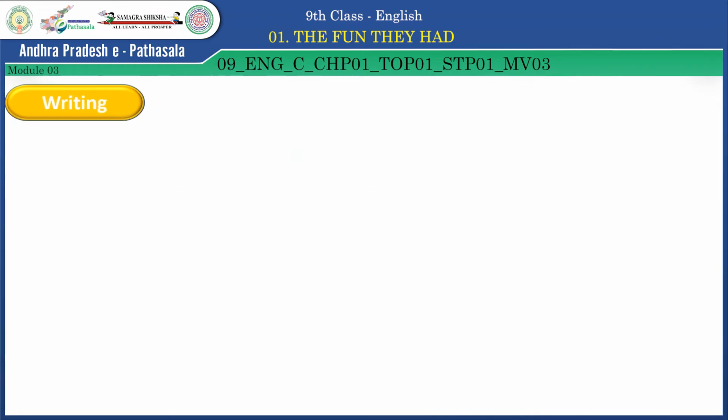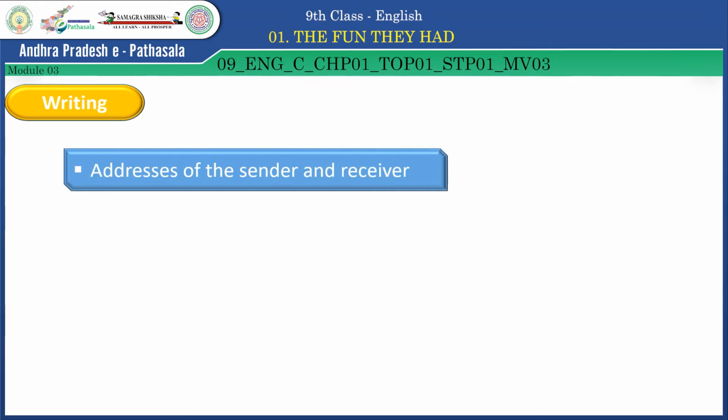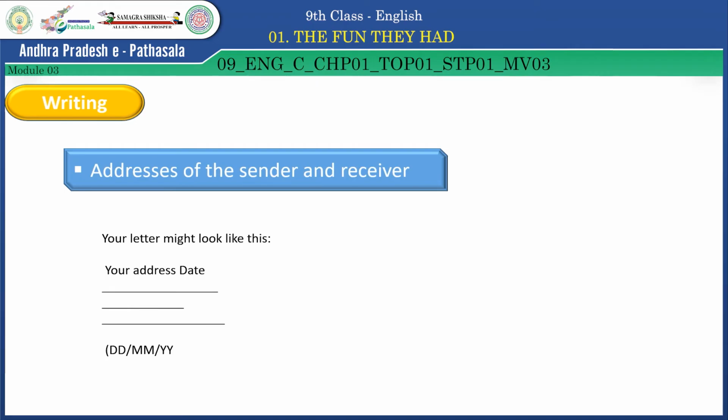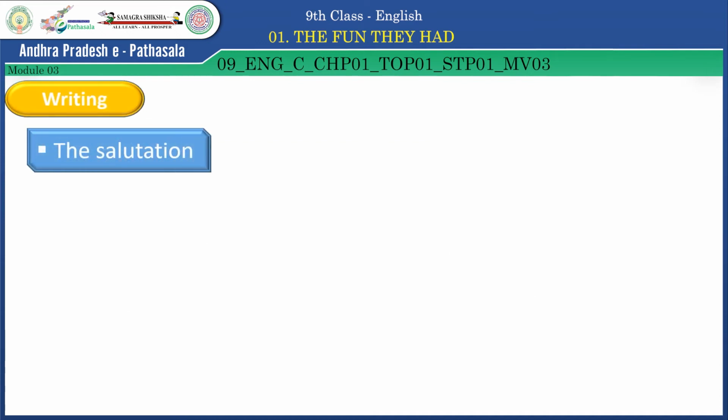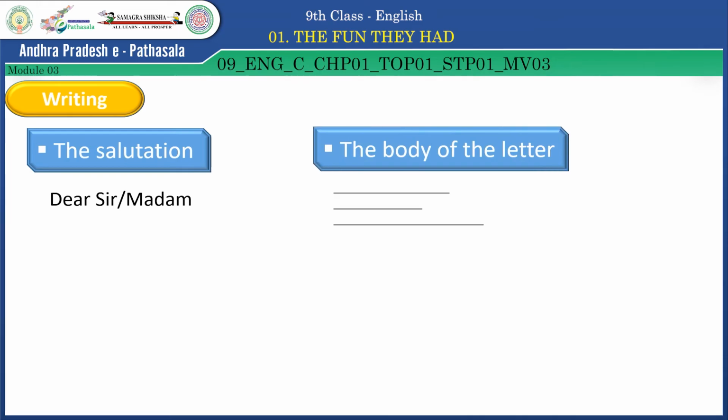First, you have to write the address of the sender, followed by the date, and then you have to write the address of the receiver. The next part is the salutation, addressing them as Dear Sir or Madam, followed by the body of the letter wherein you write the context.